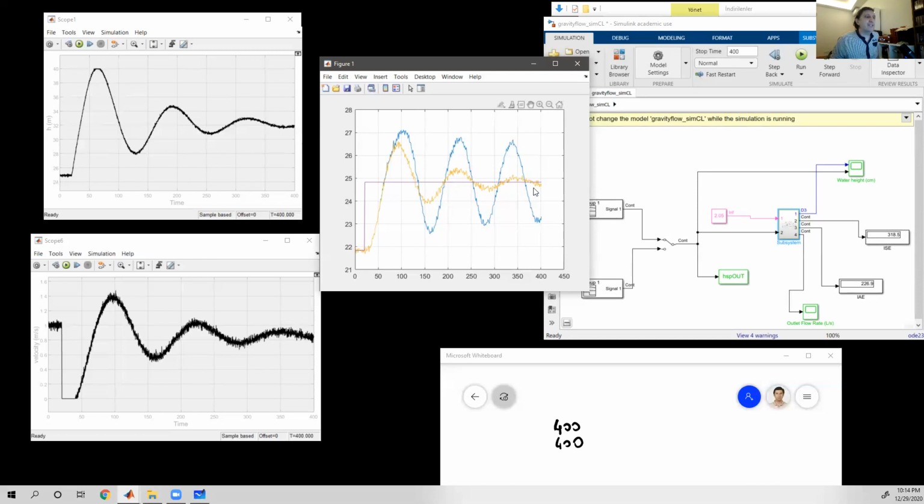Now, unfortunately, within 400 seconds, the system does not seem to have settled down. So maybe it's impossible to obtain that. Maybe we are going to increase the simulation time and see what's going on, or maybe the control action is not sufficiently good yet. All right. So again, without you seeing the control values, I'm going to change them again.